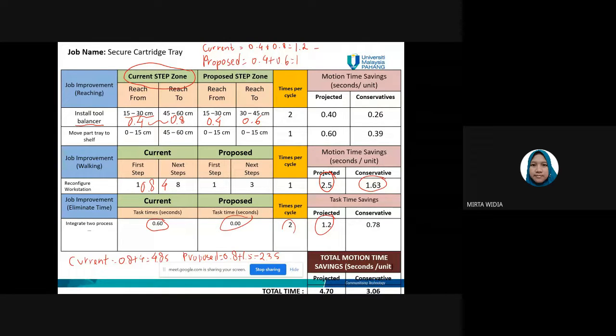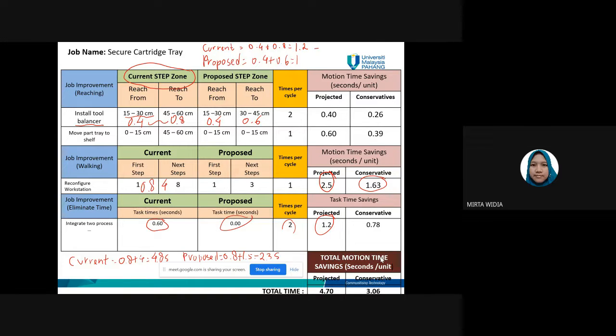After this you just add them up and get 4.7 seconds per unit. So the total motion time saving is about 4.7 seconds per unit. Meanwhile, for the conservative way, the current way, you can only save 3.06 seconds. So the difference is 1.64 seconds per unit.